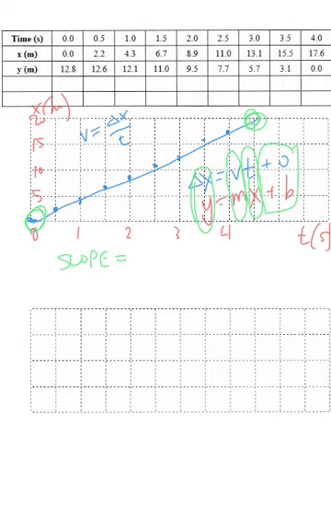So when I calculate the slope using y2 minus y1 over x2 minus x1, we have 20 on the y-axis minus 0 divided by 4.5 minus 0, and that is equal to about 4.4 repeating meters per second.